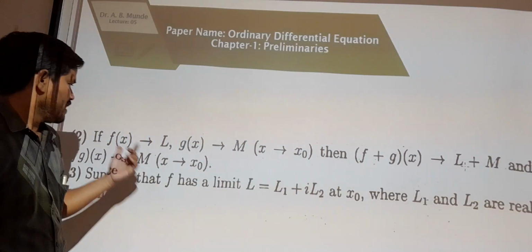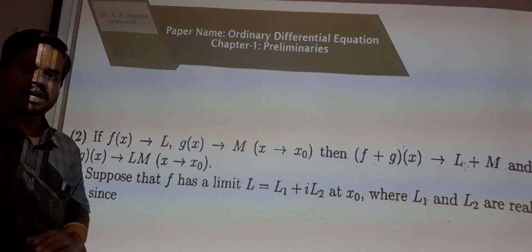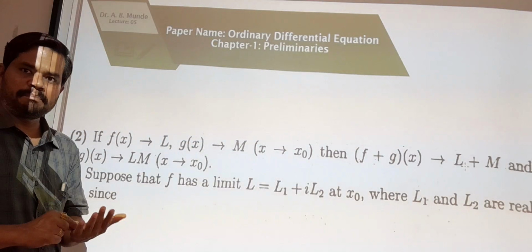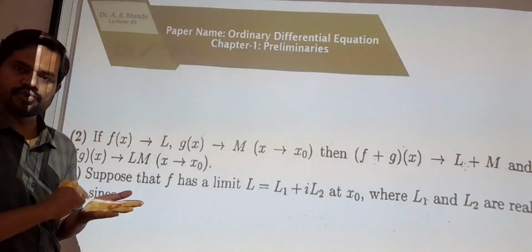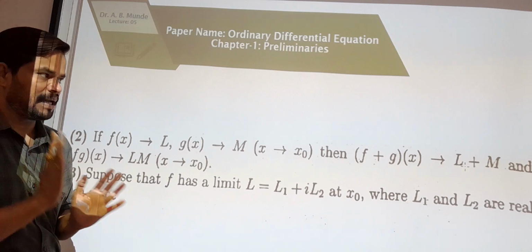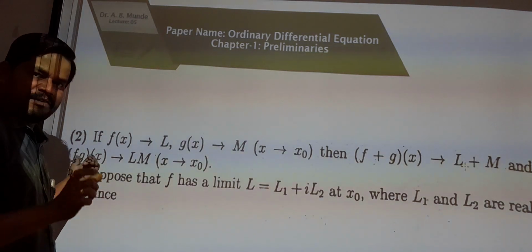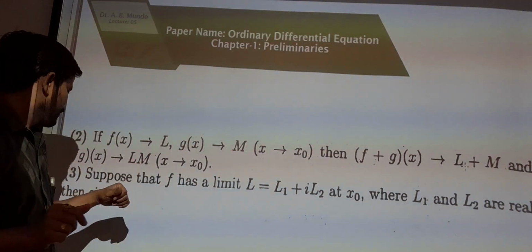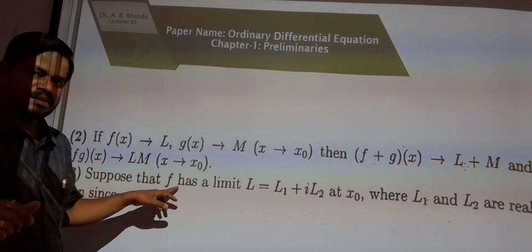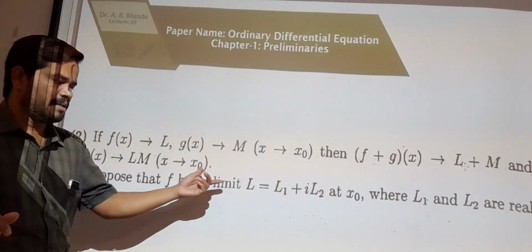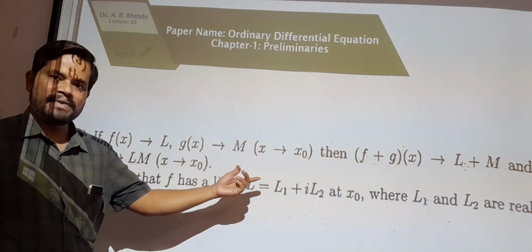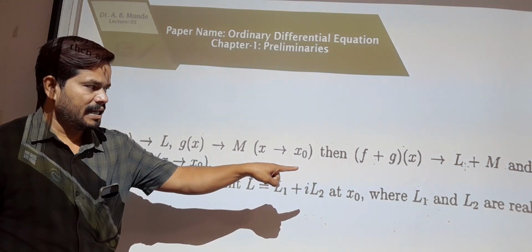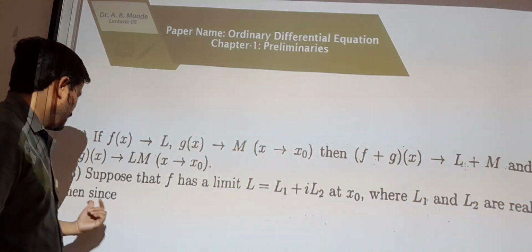Second remark: if f(x) tends to L and g(x) tends to m, then f plus g of x also tends to L plus m, and the product fg of x tends to Lm. The third remark: f has a limit L equal to L1 plus i L2 at a point x0, where L1 and L2 are real.